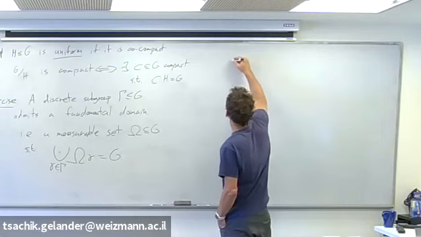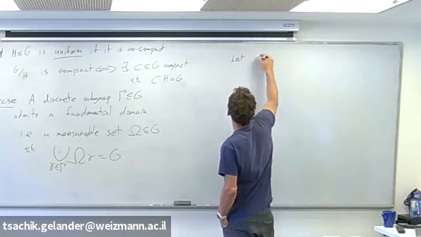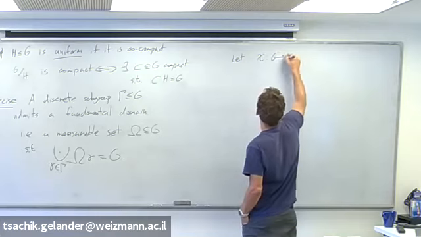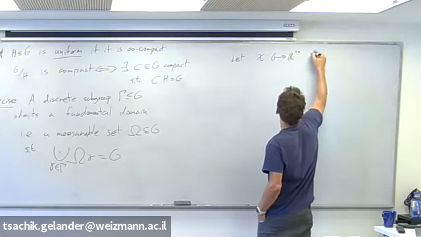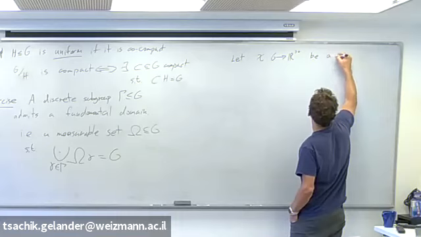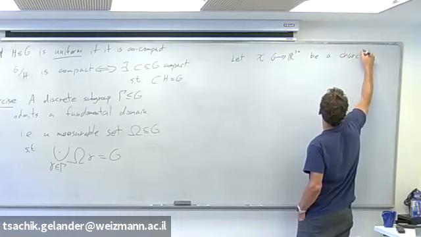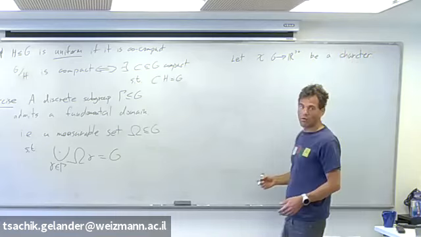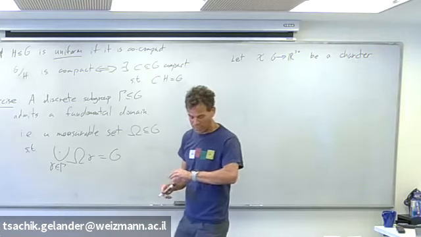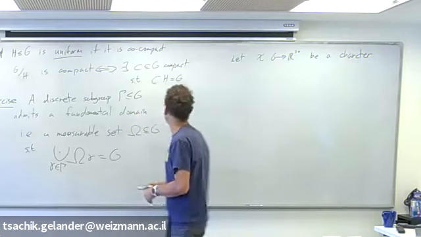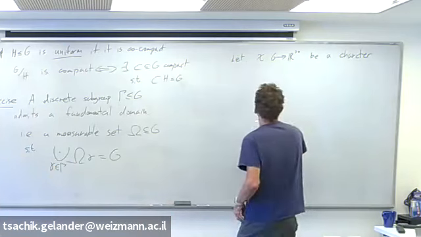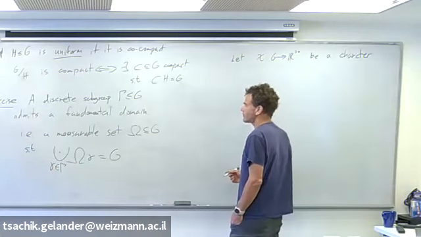Let chi from G to R be a homomorphism to the multiplicative group.